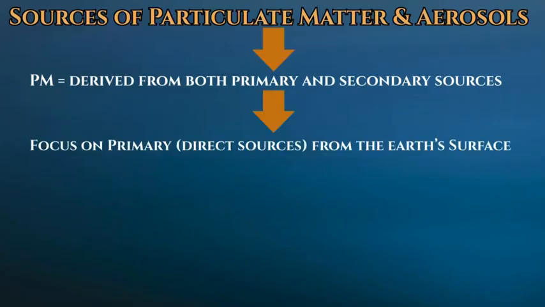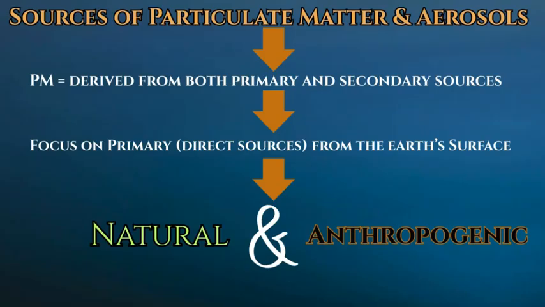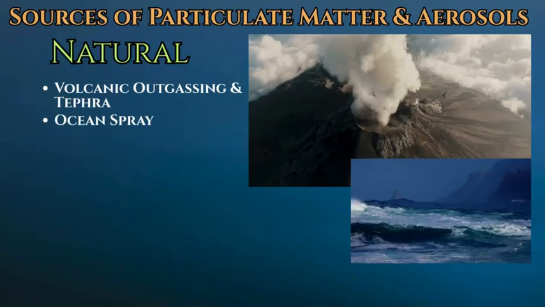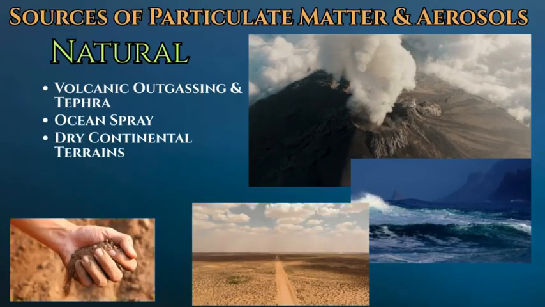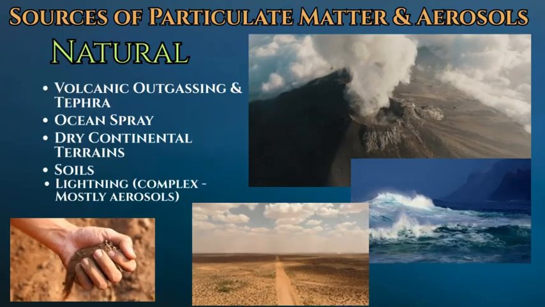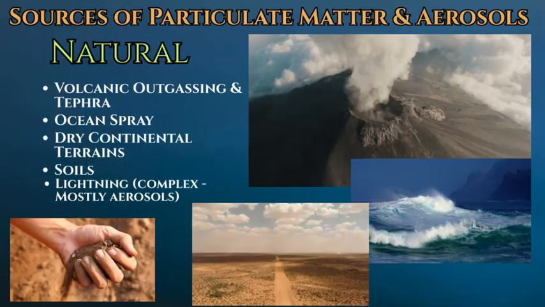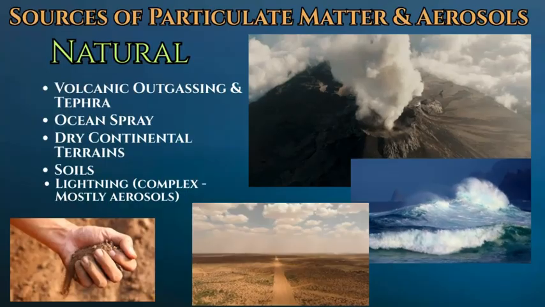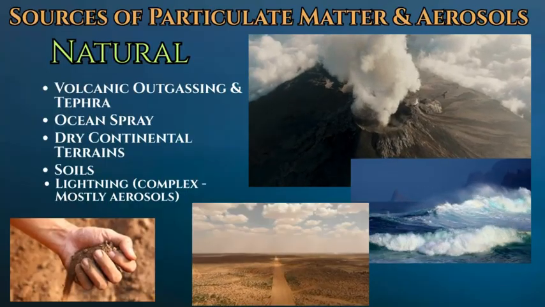Now, in terms of the sources of particulate matter, we're looking at the primary particulate matter, the direct source, and we have natural and also anthropogenic sources. The natural sources include such things as volcanic outgassing and tephra, ocean spray, the continental terrains like the soil, the dust, or silicate particles, soils that are dried out and can be broken down by weather and erosion and then released as suspended particles of minerals, going back to silicate particles.